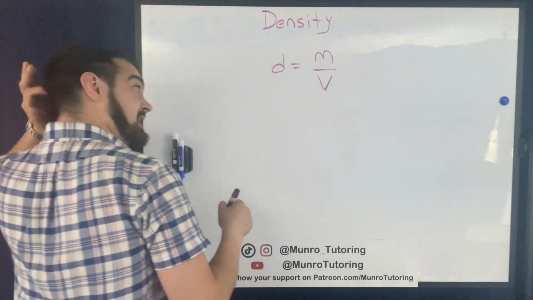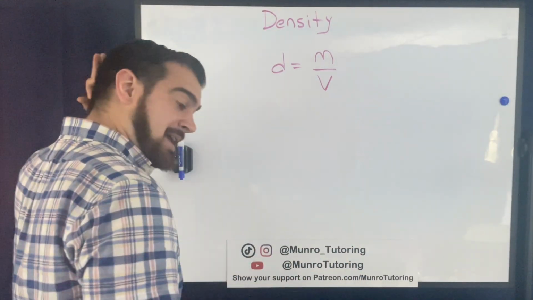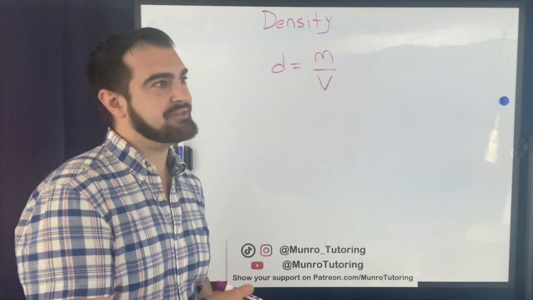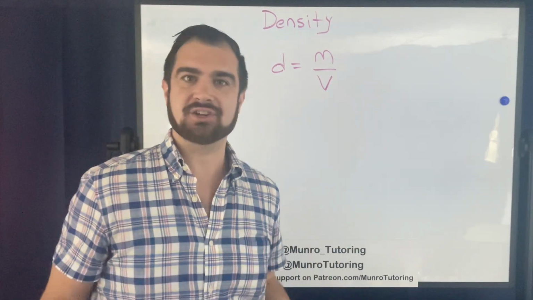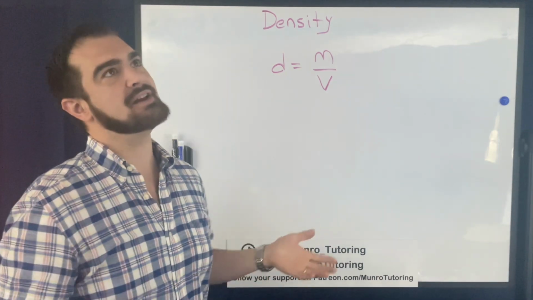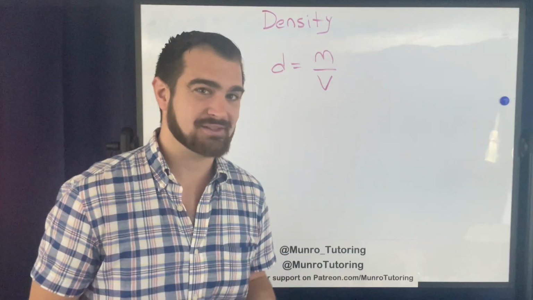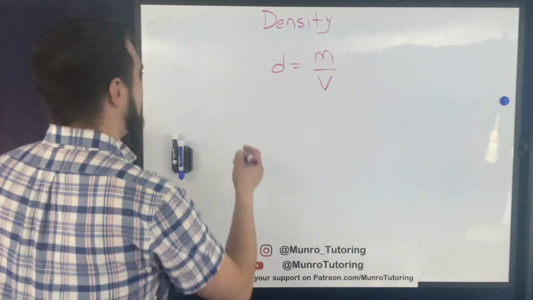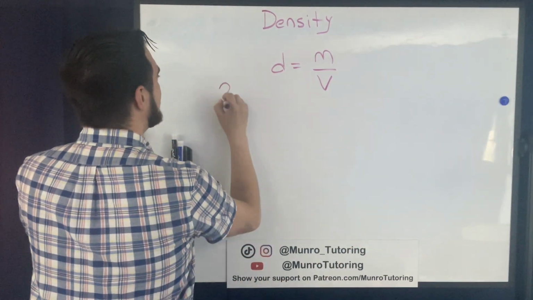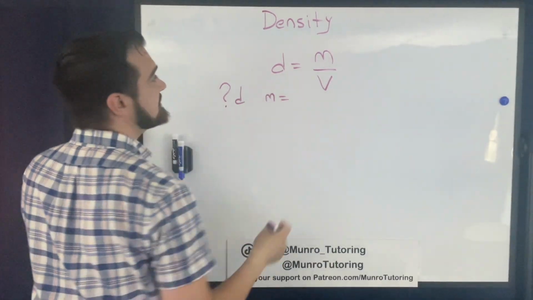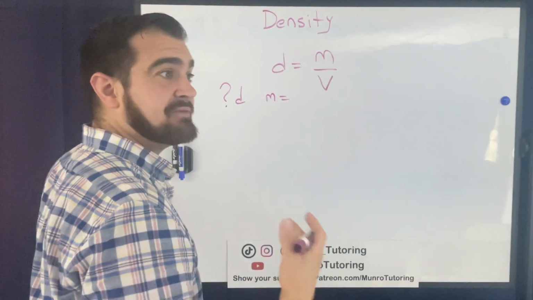So let's just say I have a problem, and I ask you, what is the density of a 5-gram object if it occupies 2.5 cubic centimeters of space? All right, so let's just write that down. I said, what is the density of a 5-gram object? And of course, grams is a measure of mass.